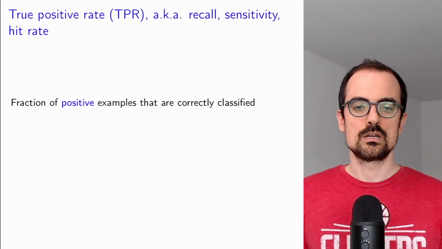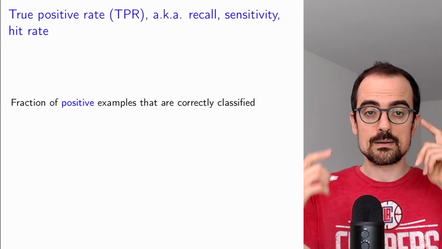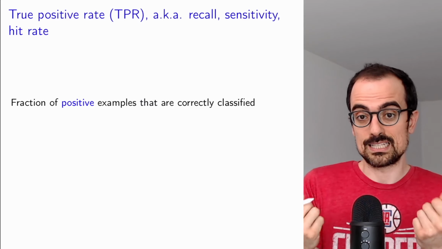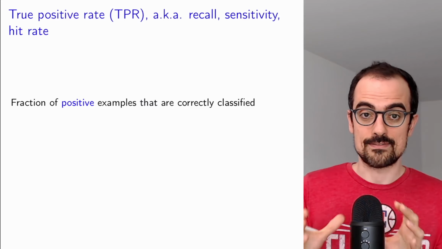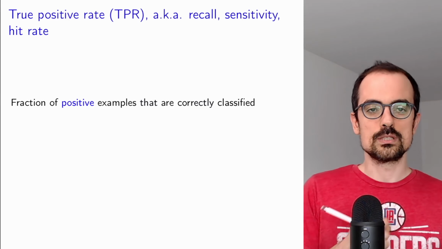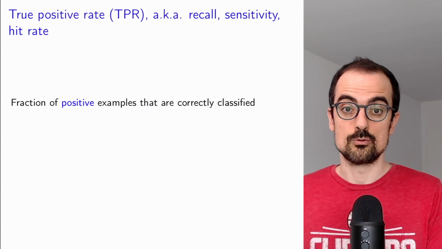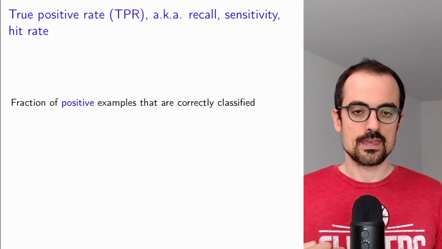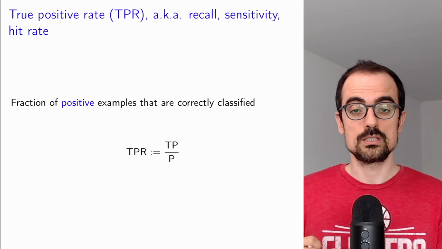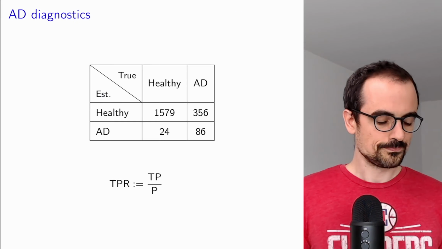Now, let's introduce a metric which quantifies what we were talking about before, when you want to know what fraction of the positive examples are actually correctly classified, how many of the people that actually have Alzheimer's are identified as having Alzheimer's. This is called the true positive rate, or TPR, and also the recall, sensitivity, or hit rate of the classifier. Here we only take the positive examples and divide the true positives by the total number of positives.